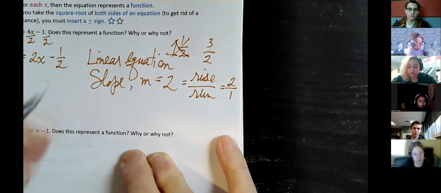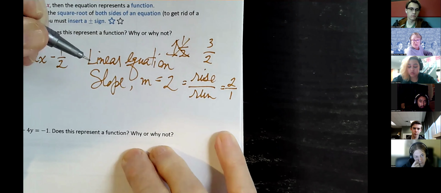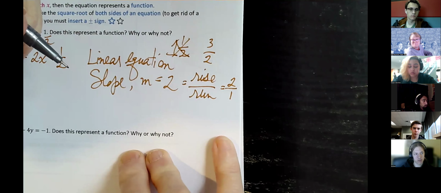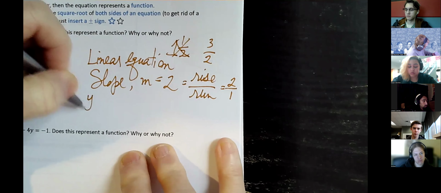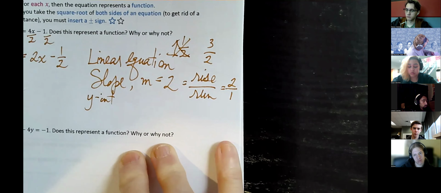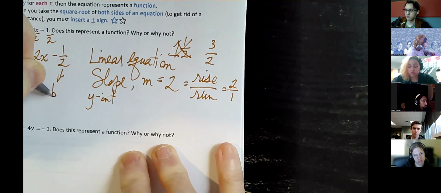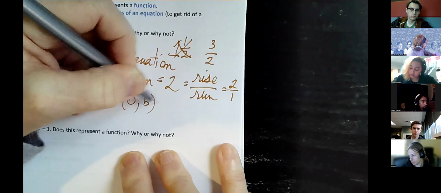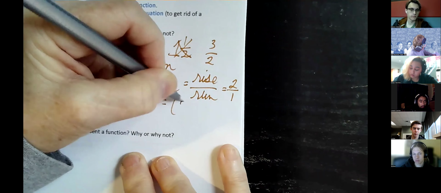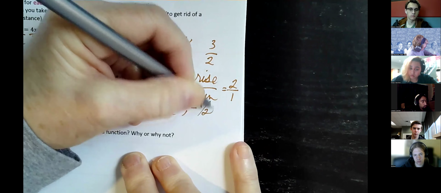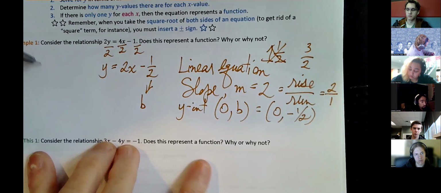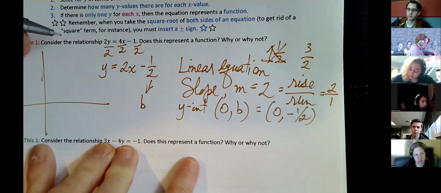The minus 1/2, what is that? Does anybody remember? The y-intercept. Good. So the y-intercept, this number is b, then the y-intercept is (0, b). So for us, we have (0, negative 1/2). And it's pretty easy to sketch this.